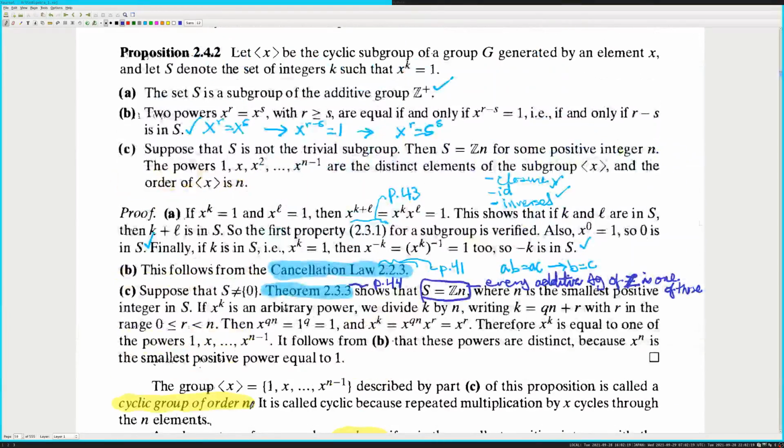Let's go back and start reading again. Okay. Suppose S is not equal to the trivial subgroup, so just 0. Then S is equal to Zn, where n is the smallest positive integer in S. If x to the k is an arbitrary power, we divide k by n, writing k equal to qn plus r, with r in the range 0 less than or equal to r less than n.